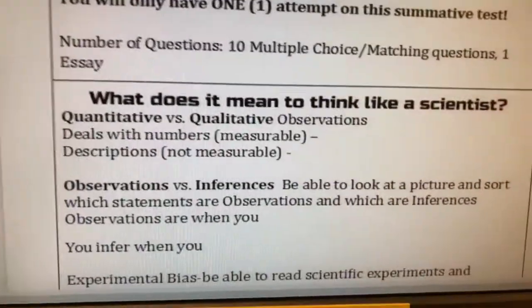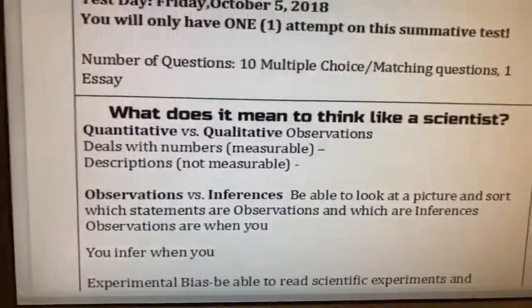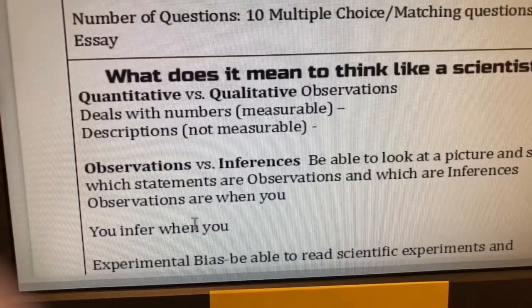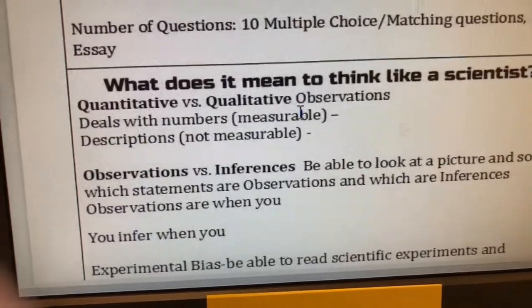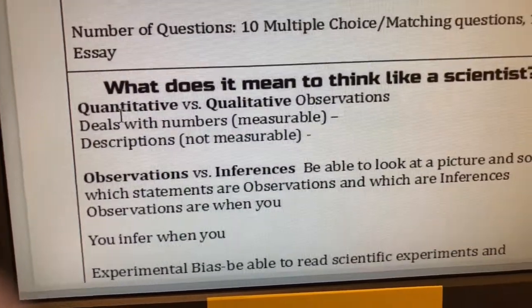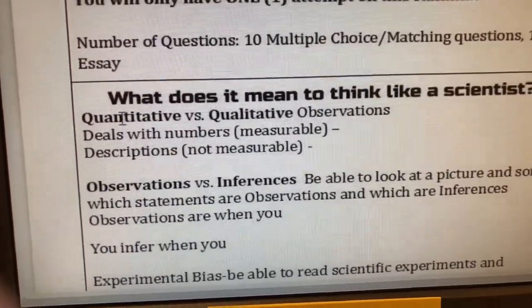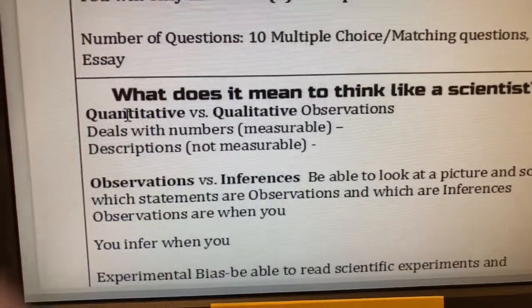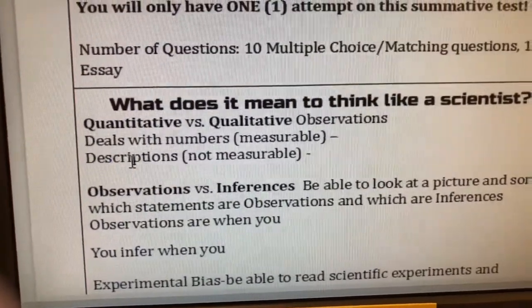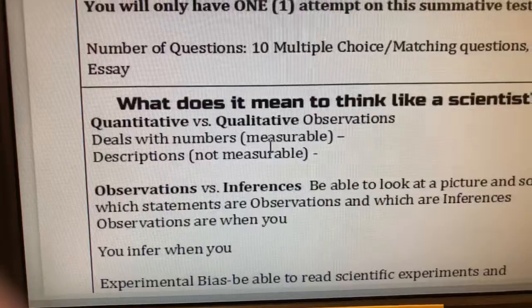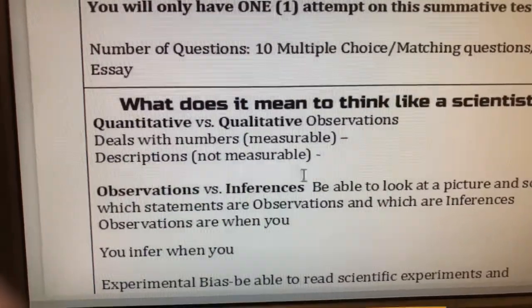It's broken into different sections based on the parts that we've done with this unit. The first section deals with what does it mean to think like a scientist, and on that we talked about quantitative and qualitative observations. Anything that deals with numbers, it's measurable, those are quantitative. Think of the word quantity, where it has the letter N in it, numbers. If you're talking about descriptions that are not measurable, those are qualitative.